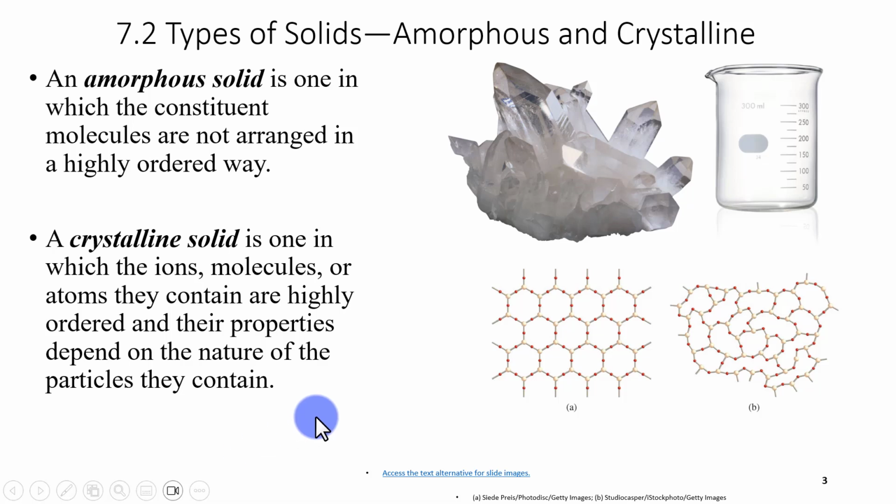And the properties depend on the nature of the particles that it contains. You can see how highly ordered this arrangement is versus this one. We have some order here, but not like this one here. So this will dictate how ordered they are, and the types of molecules or particles that make up that solid will dictate its properties.